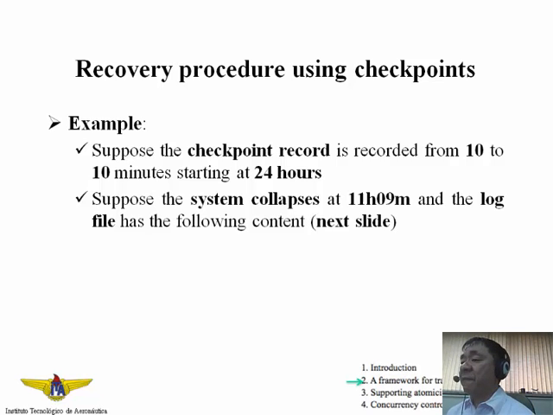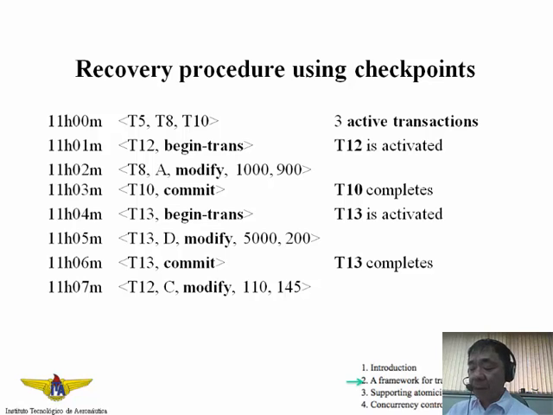So the log file might have the following content. At 11 o'clock, you have 3 transactions, T5, T8, and T10, that were active. At 11:01, you have a new transaction, transaction 12, that started.